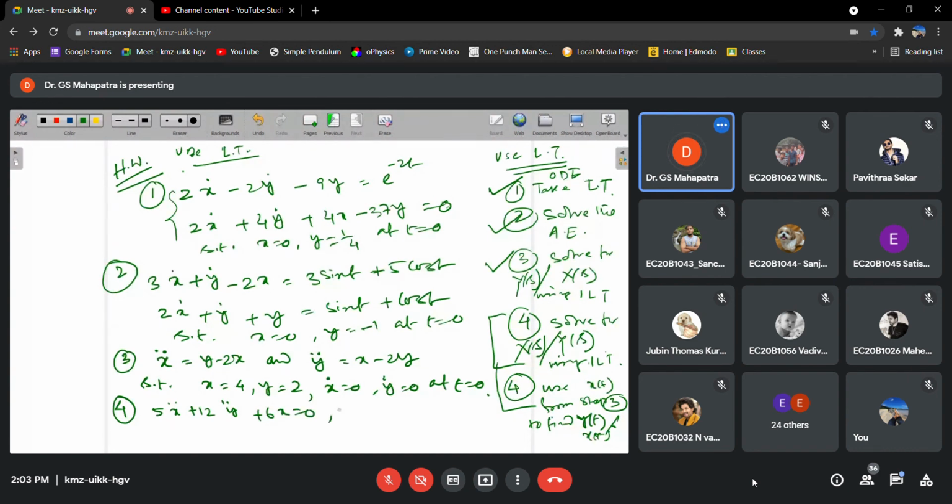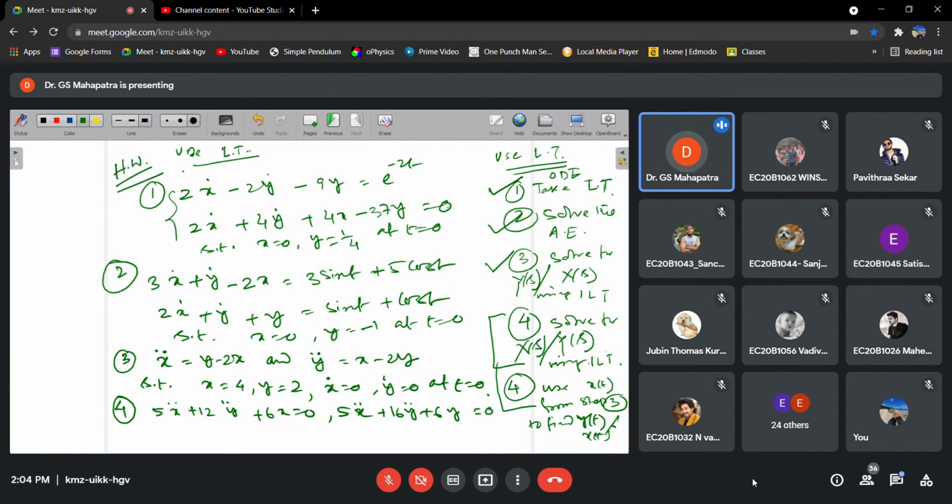Another one is 5y double dot plus 16x double dot plus 16y double dot plus 6y equals 0.